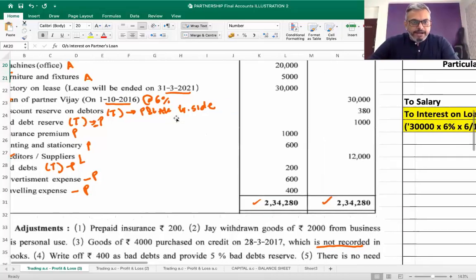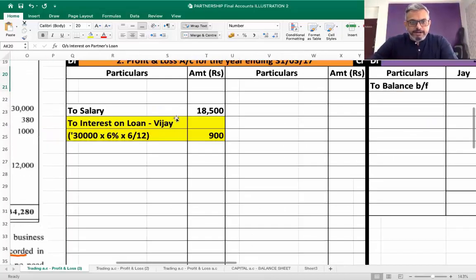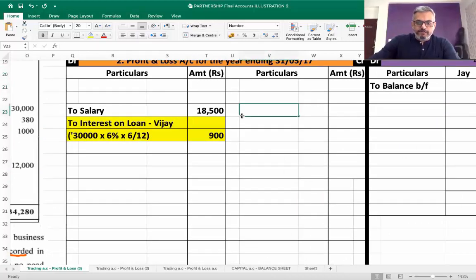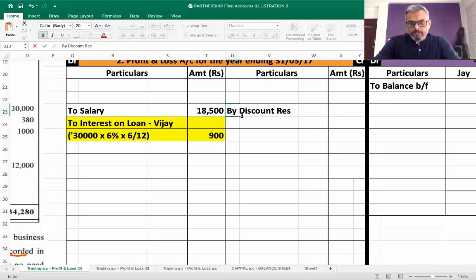Okay. So by discount reserve on debtors 380. Again, first two lines always blank. 380.